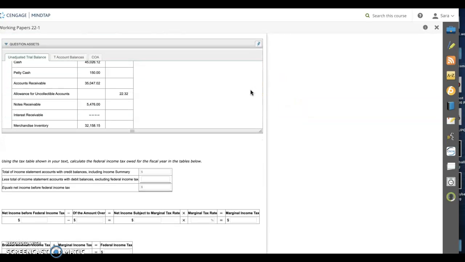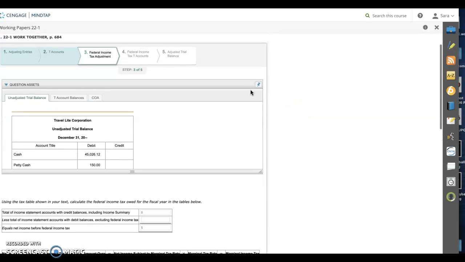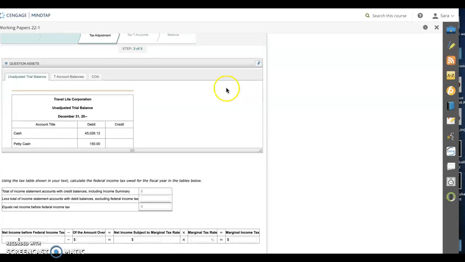Okay, so here is where we are going to calculate our federal income tax. First we're going to have to total up all of our income statement accounts with credit balances. So I'm just going to go through here what those would be.